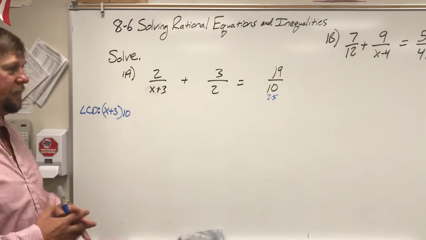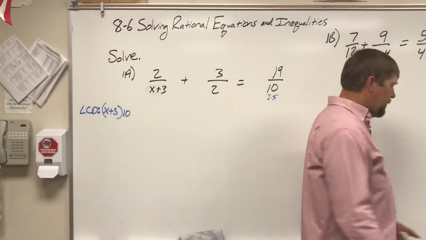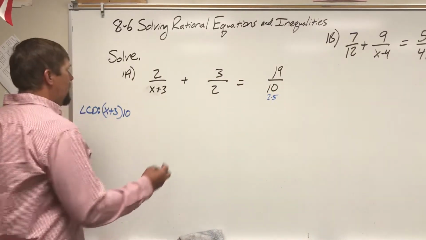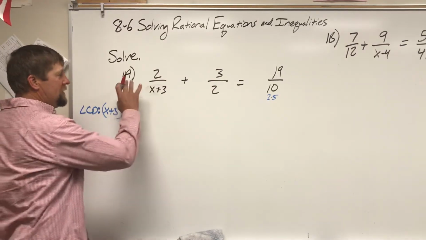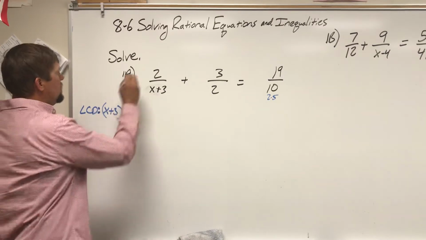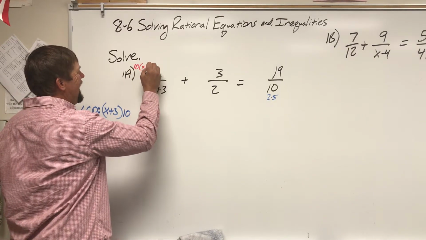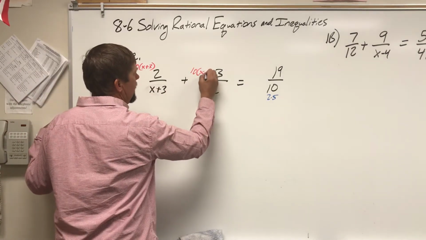I only have to multiply the top, because you're multiplying both sides of an equation. So if I multiply this side by the least common denominator, basically what I'm doing is distributing it to both terms. So I am going to multiply both terms by 10 and x plus 3.